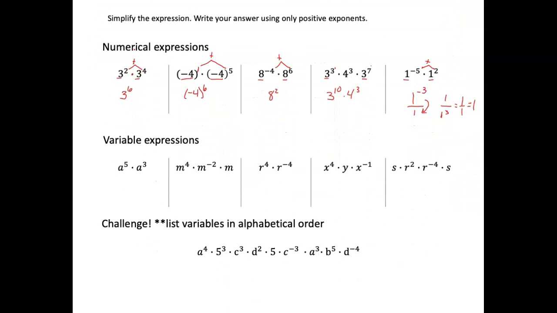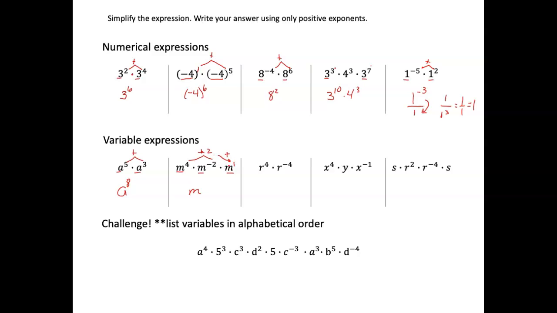So variable expressions, just like numericals, we look for common bases. A and A, keep the A, add those exponents. Yeah, 5 plus 3 is 8. M, 3 commons, keep the M. I'm going to add all the exponents. What is 4 plus -2? Well, 4 plus negative 2 is 2. And I'm going to take that 2 and I'm going to add it to, well, m to the 1, right?